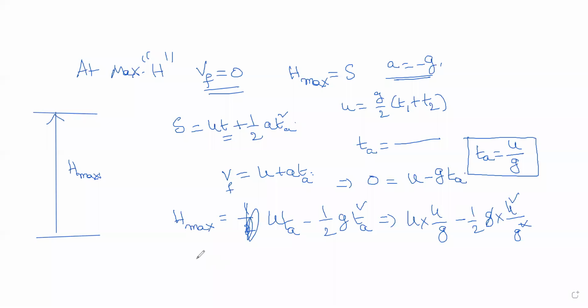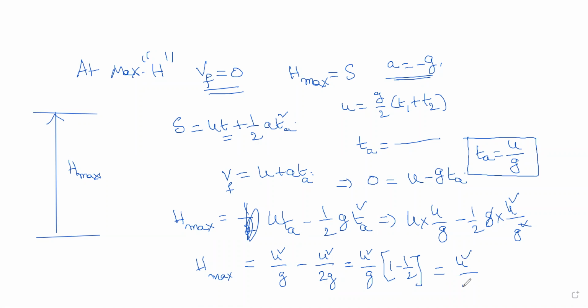ఇక్కడ మనకేమొచ్చింది? h max అంటే u square by g minus u square by 2g. u square by g common thing. u square by g, let us take common. So that is 1 minus half, which is u square by 2g. Okay na? So first ఎంతవరకు నోట్ చేయనమా?